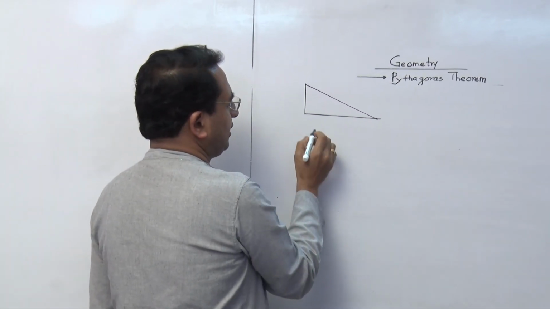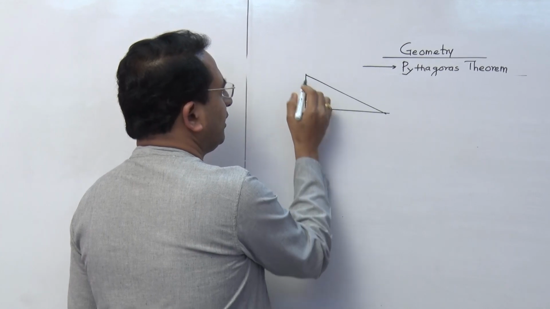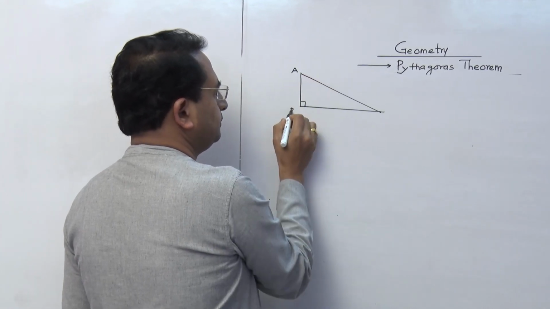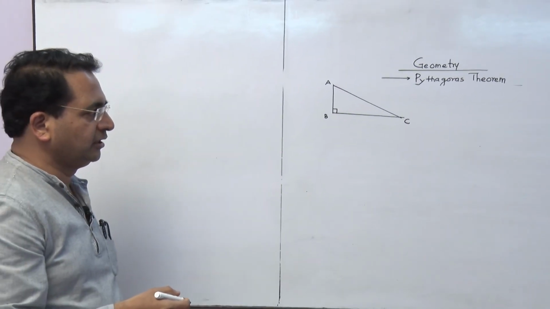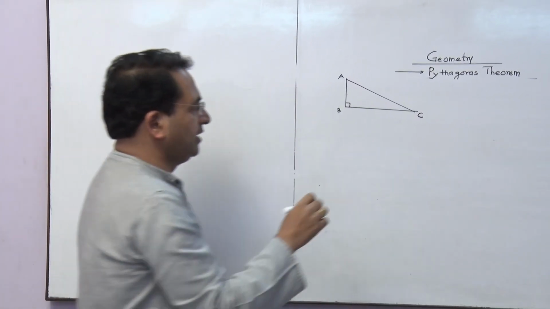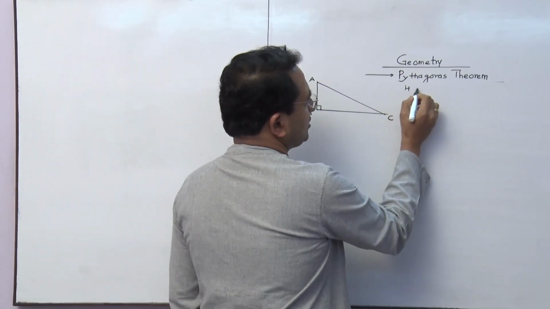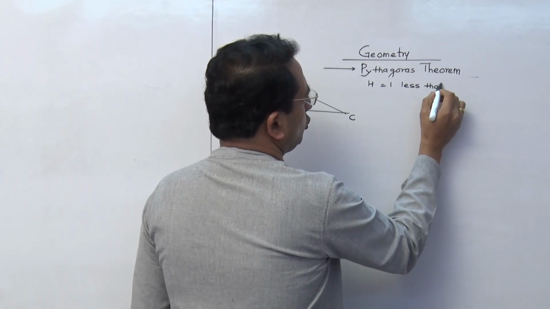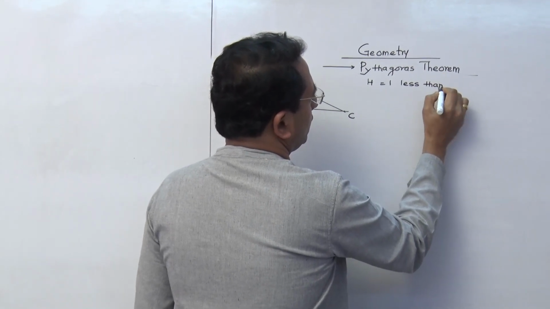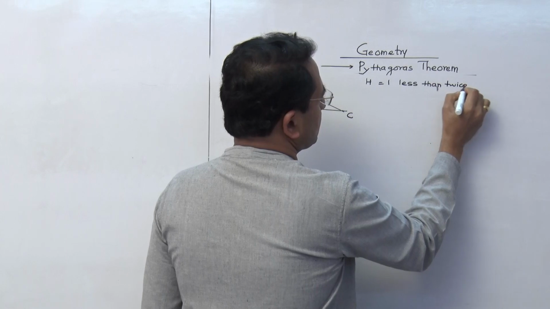Now, what they are saying: in a right angle triangle ABC, the height is 1 less than twice its base.